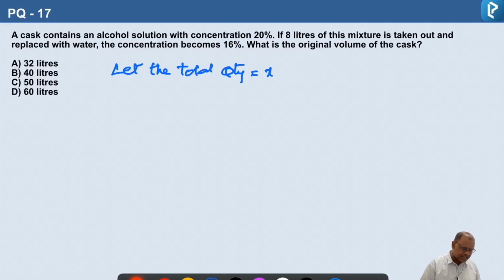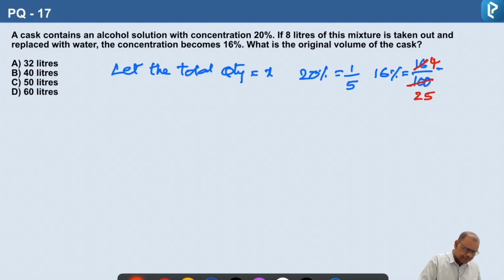The initial concentration is 20%, which if you convert into fraction becomes 1 by 5. The final concentration is 16%, which is 16 by 100, that is 4 fours, 4 25s.